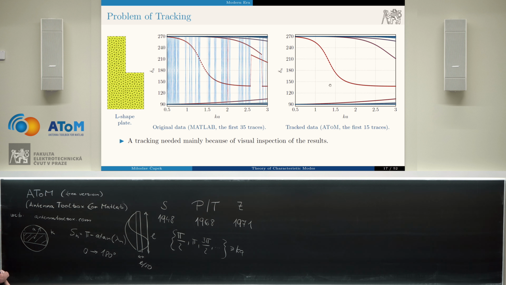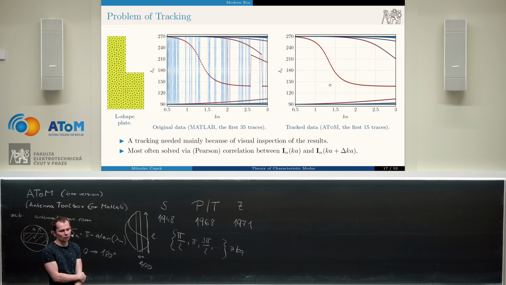And commonly, this is done with a tracking algorithm mostly based on correlation between different eigencurrents, or in some cases, in some software, also on correlation between radiation characteristic modes.